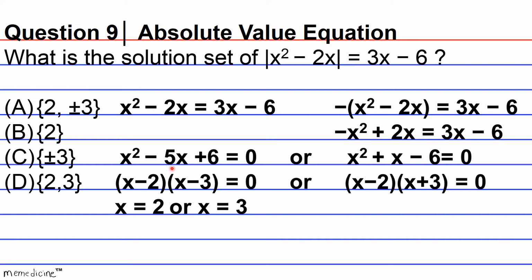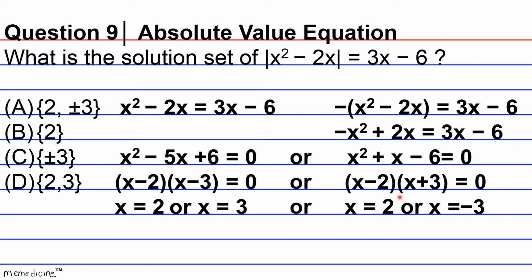We split these up into two separate equations, just in case you're wondering how we got from here to there. Or in our second case, we wind up with x is equivalent to 2, or x is equivalent to negative 3. All right, we also use the zero product property. I hope you're still with me.